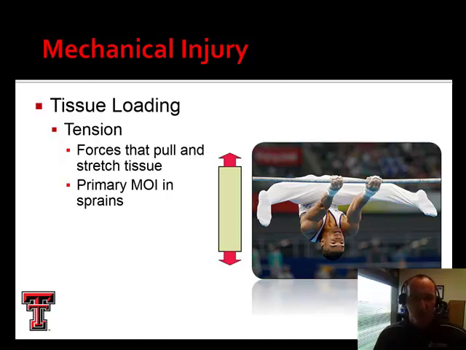So if you step off a curb, the two ends of your ankle ligament are affixed and they are stretched, and it will undergo a tension-mediated injury. But in terms of macroscopic trauma, we are far more likely to have compression from impact than tension.